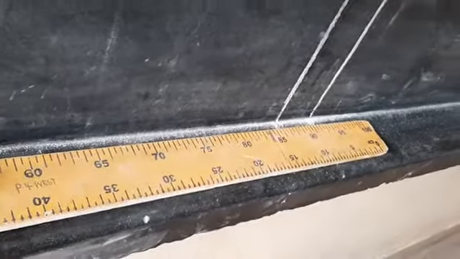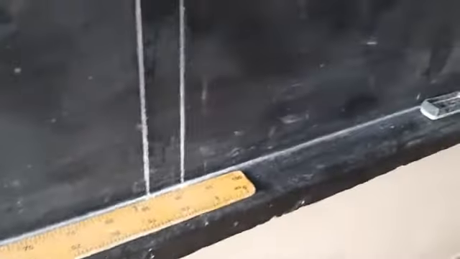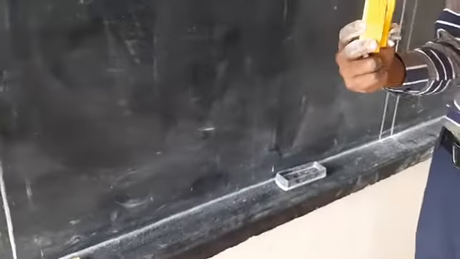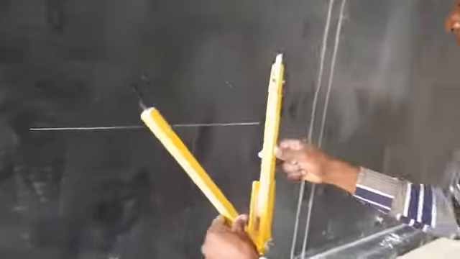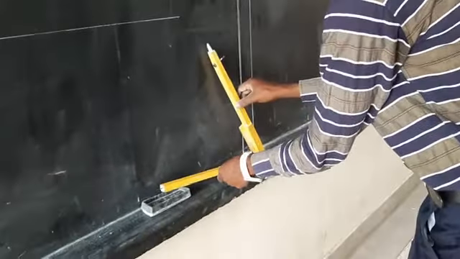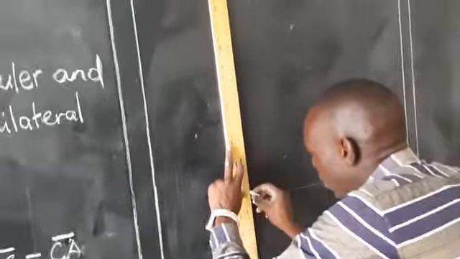Then I'll bring the line which has been measured here. When I bring it there, I will leave my compass the way it is. Then you begin creating an arc, the first point here, this one.